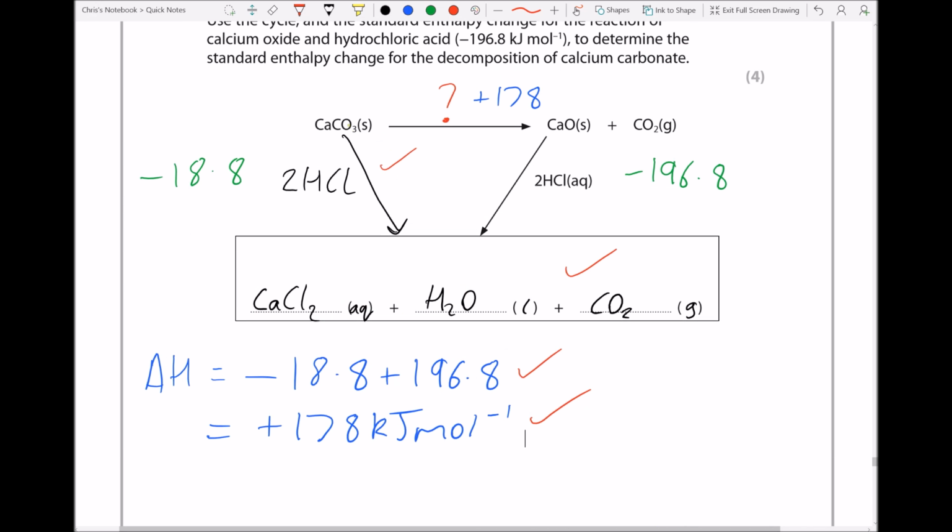So remember, if I go back up, there it is. Look, there's your calcium carbonate, there's your calcium oxide and carbon dioxide. Both of these are being used to produce these products here.